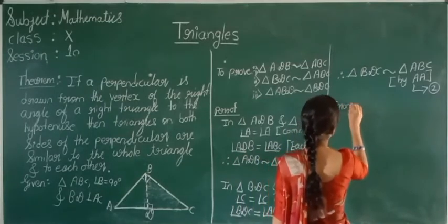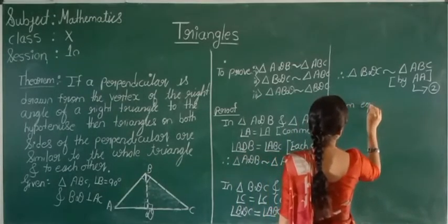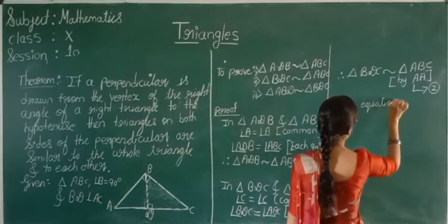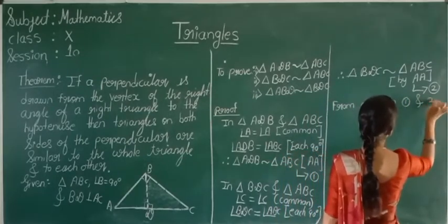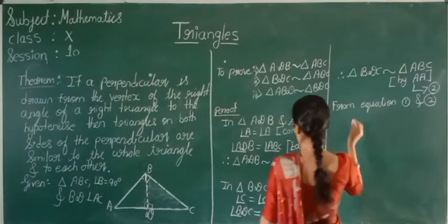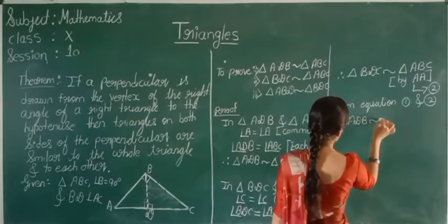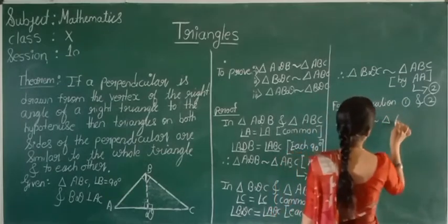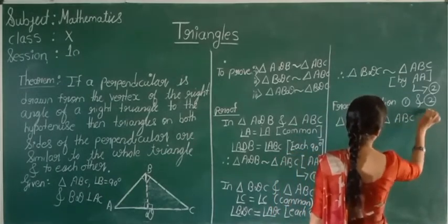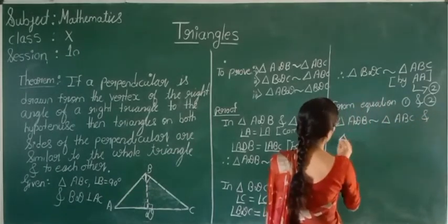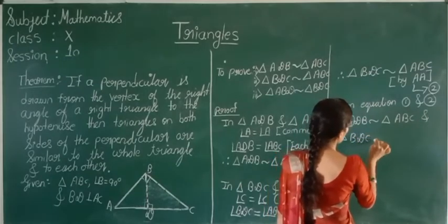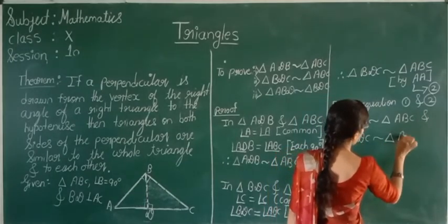From equations 1 and 2, triangle ADB is similar to triangle ABC, and triangle BDC is similar to triangle ABC.